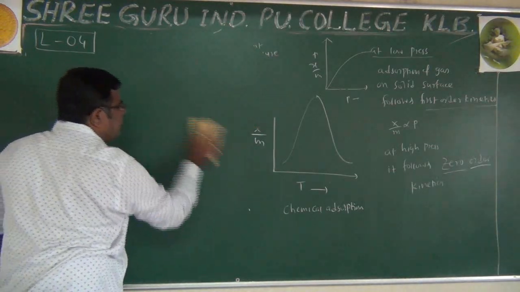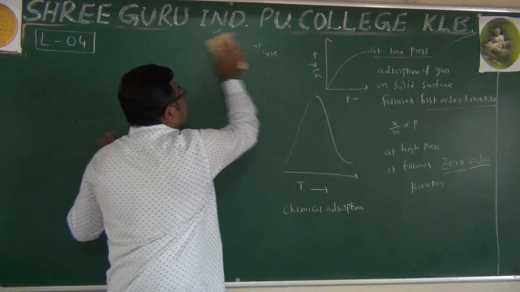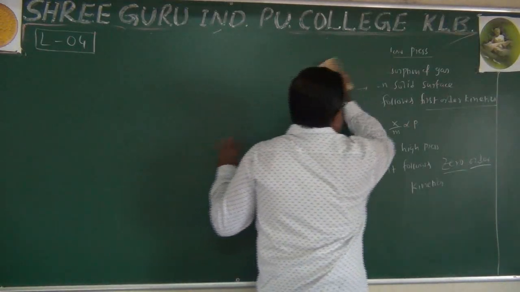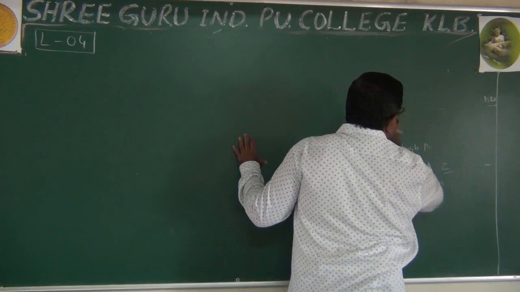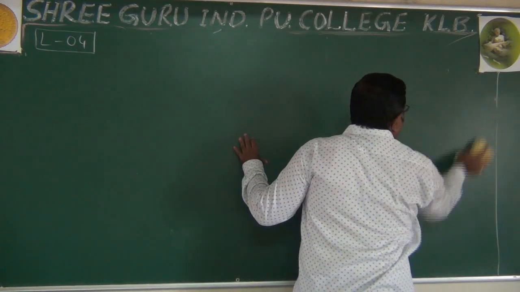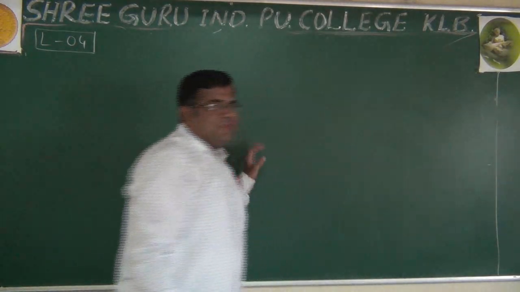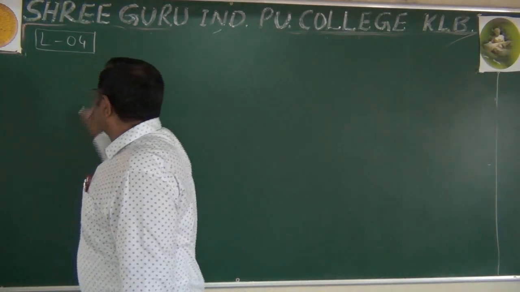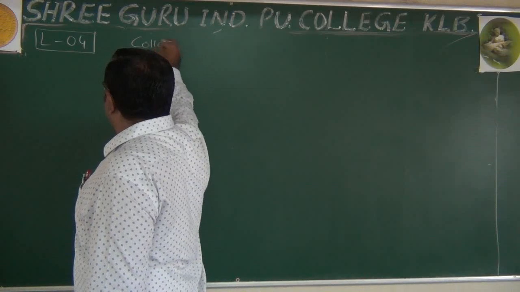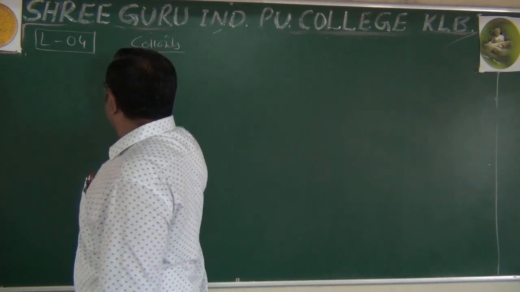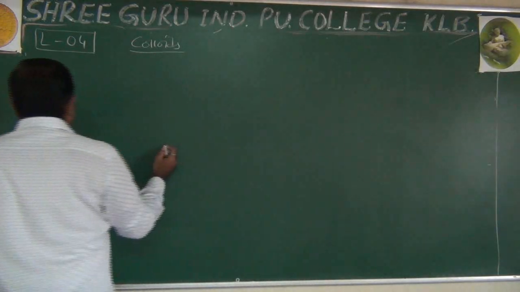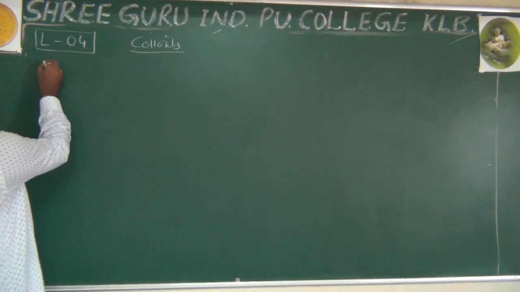Now we have to go to the next phenomenon, which is colloids. First take colloids after adsorption. So the next concept is colloids. We'll consider 3 types of systems here.